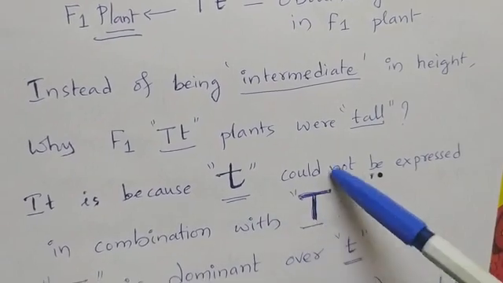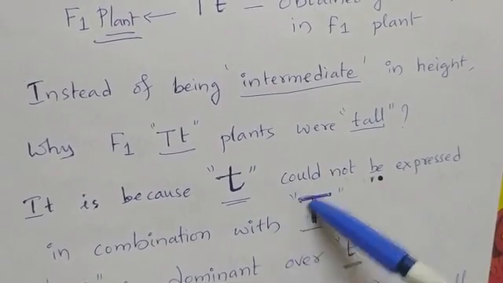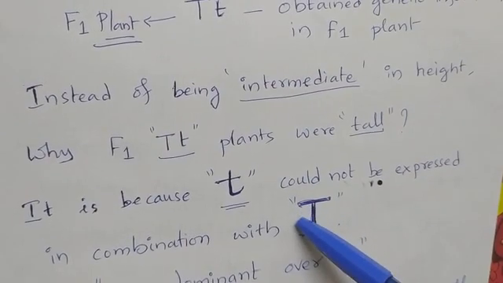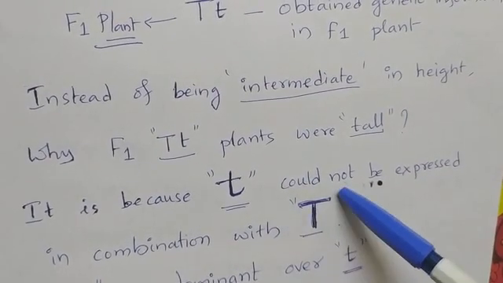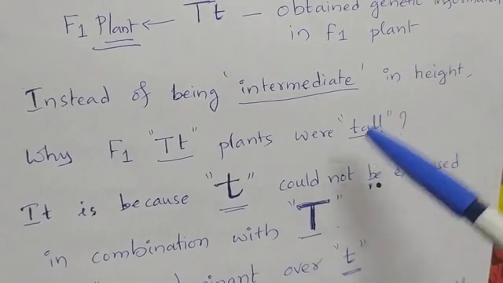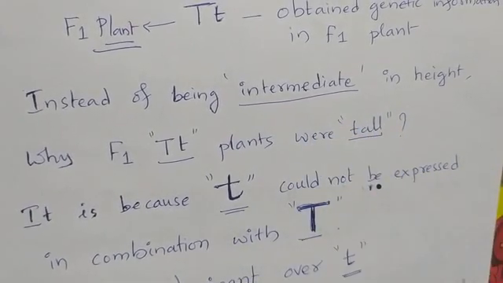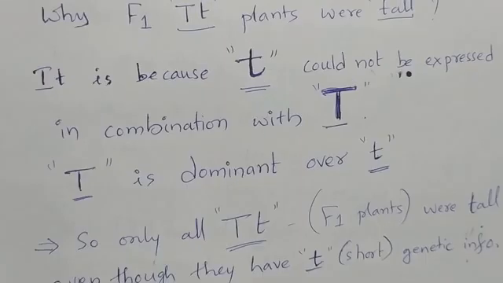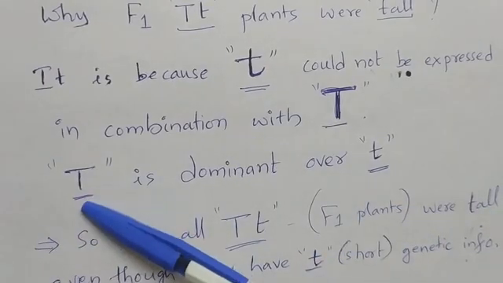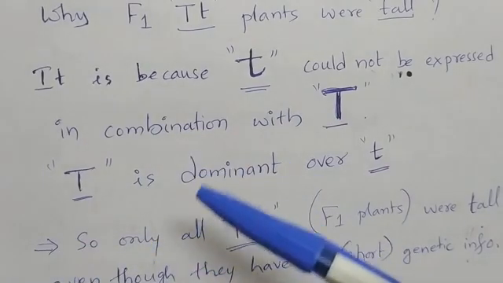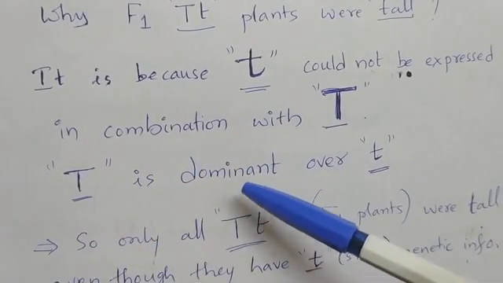Whereas the capital T copy of genetic information could express itself when it is in combination with another capital T or when it is in combination with a small t also. So capital T expresses itself even in combination with a small t.